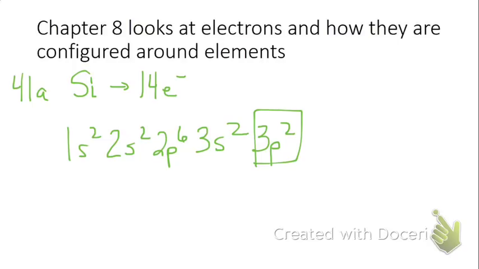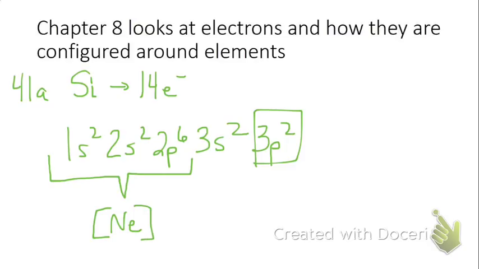If I asked you for the full electron configuration, this is what you need to draw. But then we have the noble gas configuration. And so the noble gas configuration looks at these core electrons right there, and we can summarize those as the preceding noble gas.